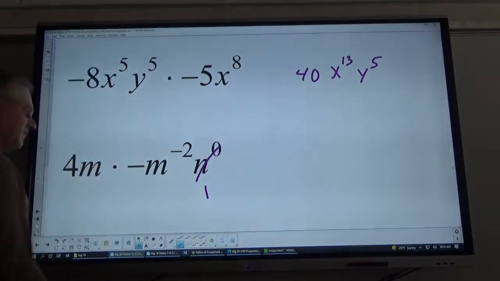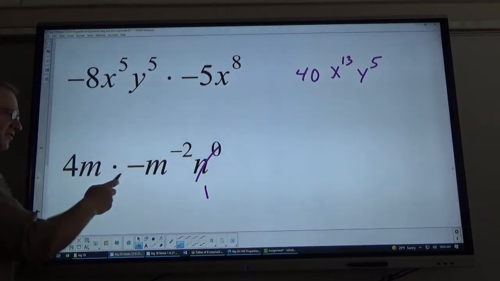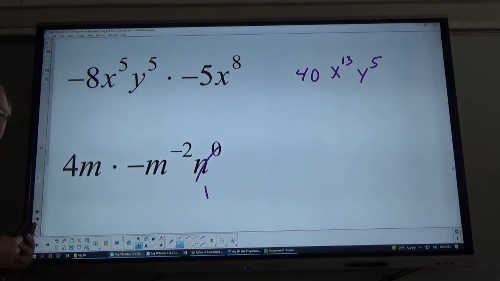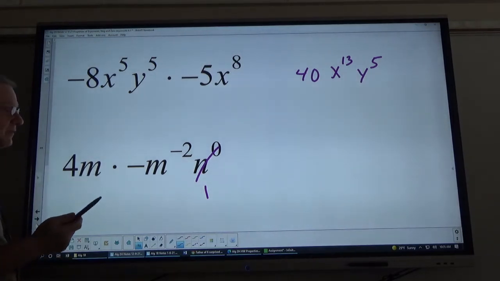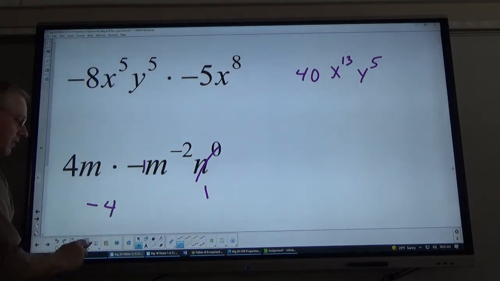Now, when I have problems like this, sometimes I move it down, so if it's a complicated problem. This is pretty simple. I'm going to actually multiply first and then change if it's a negative exponent when I'm done, because we are allowed to add negative exponents, negative numbers. 4 times negative 1 is negative 4.